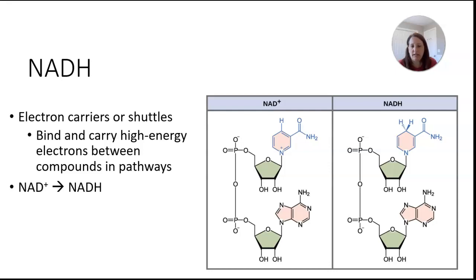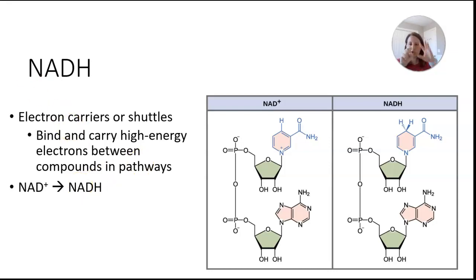NAD is going to be the molecule responsible for taking those high energy electrons at multiple steps in these pathways, grabbing them and shuttling them to the very last stage of cellular respiration. So you can think of NADH as an electron shuttling molecule. Its job is to bind and carry high energy electrons between compounds and pathways.